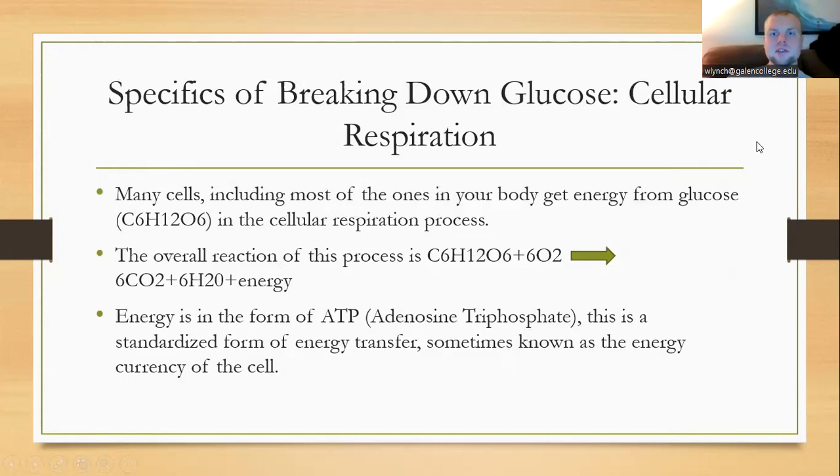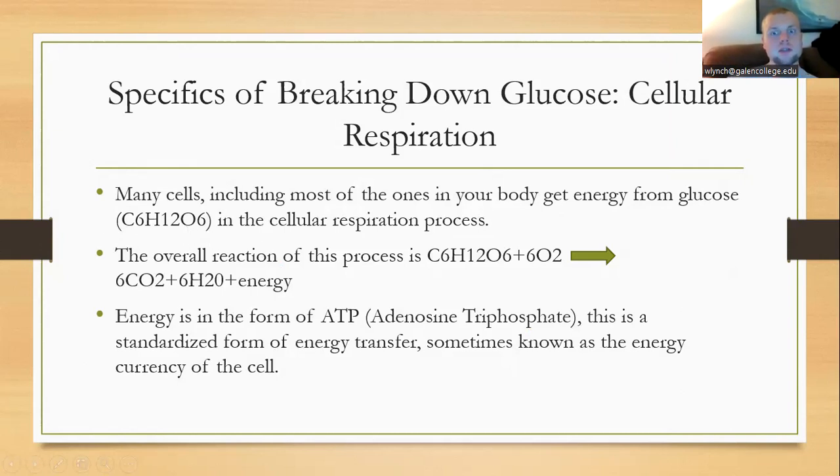All right, some of the specifics of cellular metabolism as far as glucose is concerned. Breaking down glucose is what we mainly do in human cells and animal cells to get energy. So most of the cells in our body get energy from glucose, chemical compound here, C6H12O6.